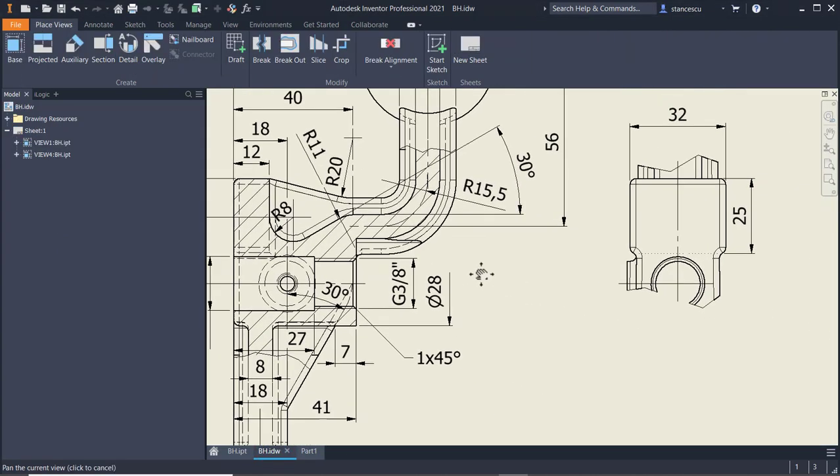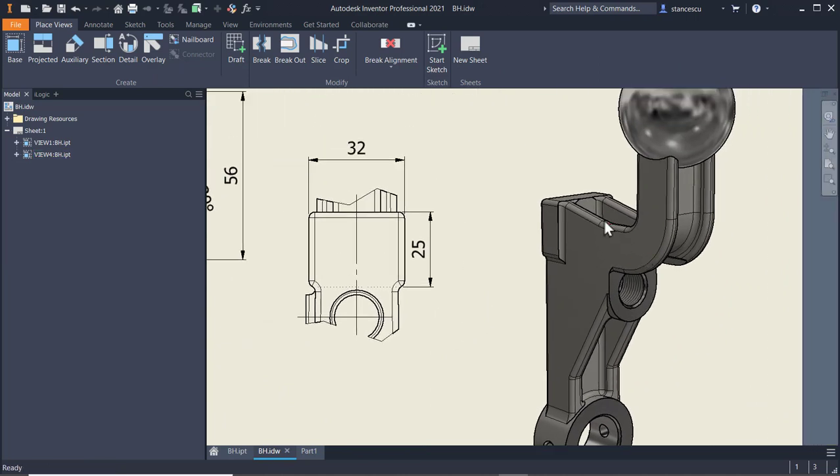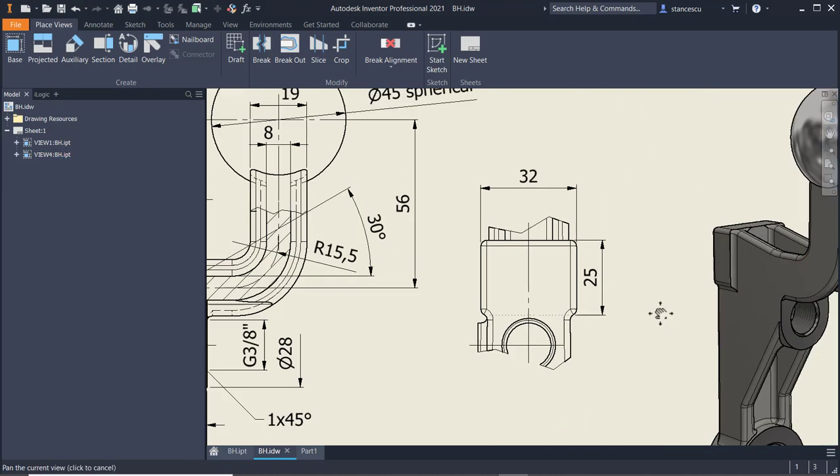Next are these walls 1, 2, which together make the H profile here.